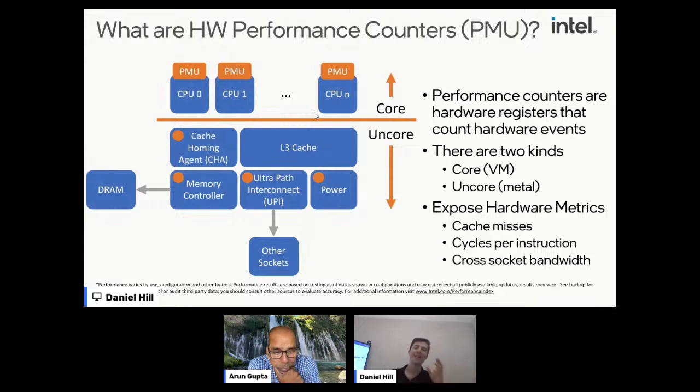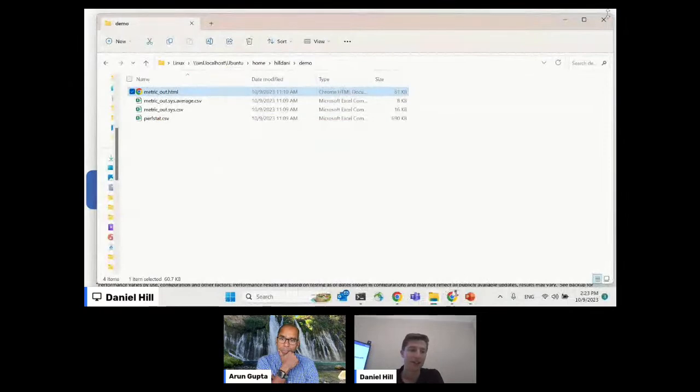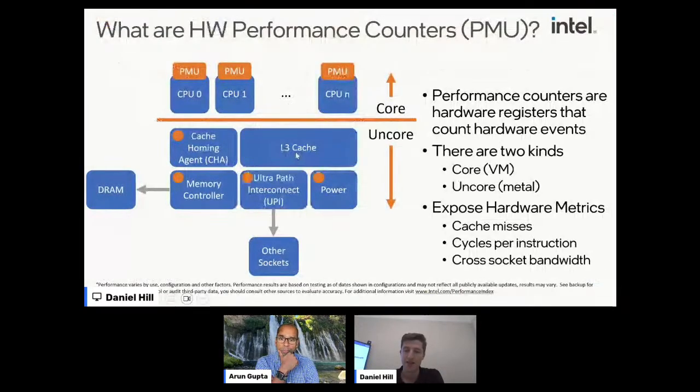So what exactly is this? I like to split this down. When you're looking at your server, there's a whole lot of parts. There's your CPUs, your cache homing agent, L3 cache, DRAM, other sockets, power, UPI, memory controller. There's a lot going on, but I just wanted to split it up because there's really two categories for this PMU.